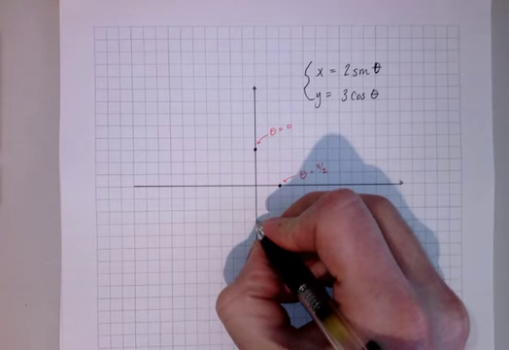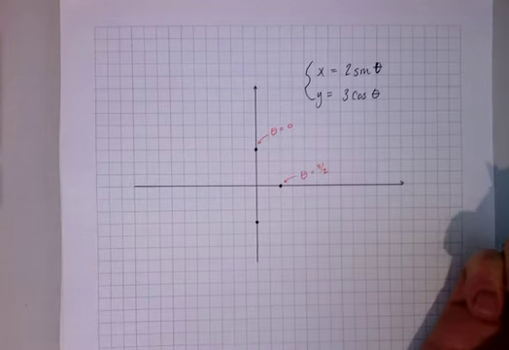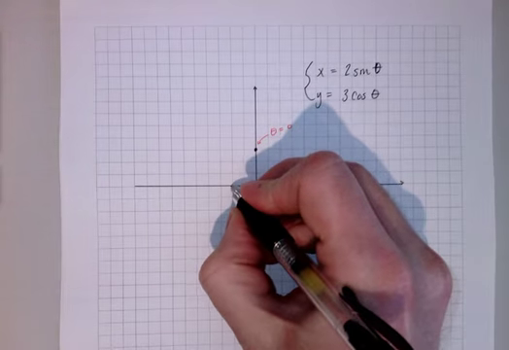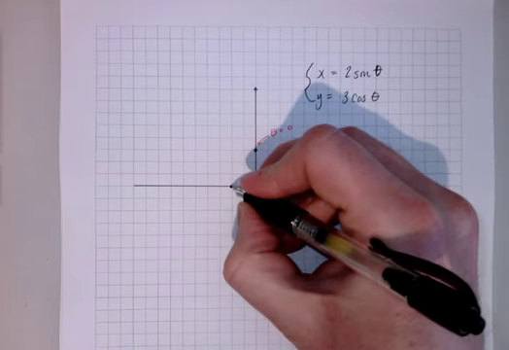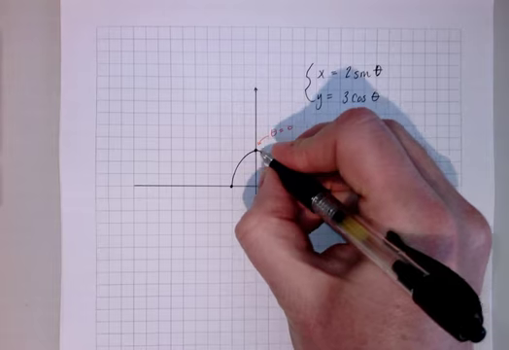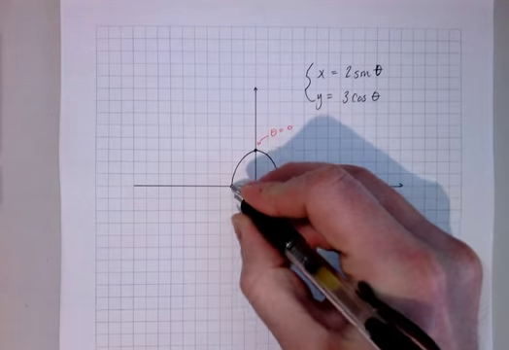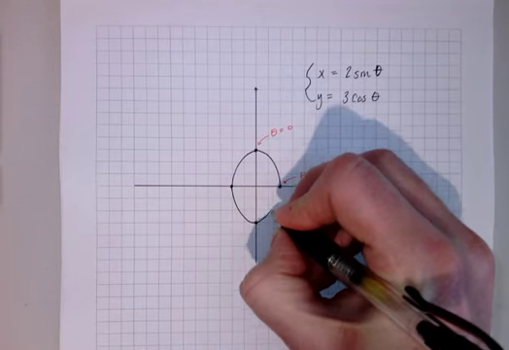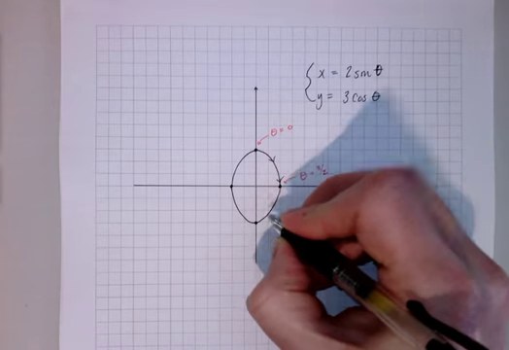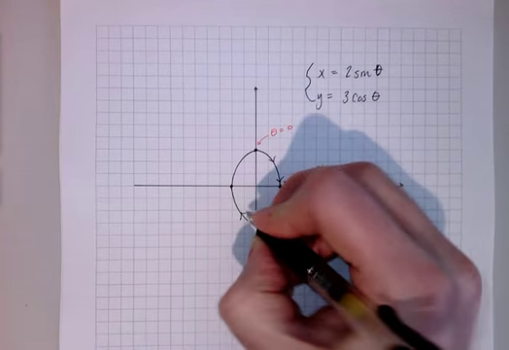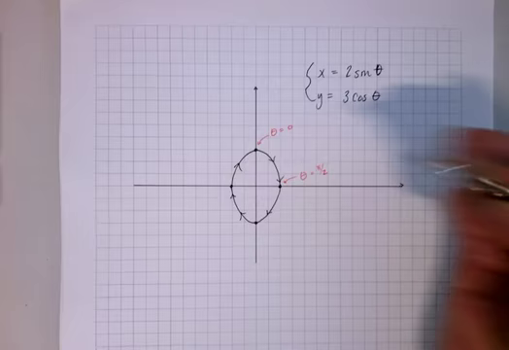Down here is where theta is going to be equal to pi, and over here is going to be where theta is equal to 3 pi over 2. So this right here is an ellipse, okay? And it is obvious from my plotting of points that the directionality goes this way, okay?